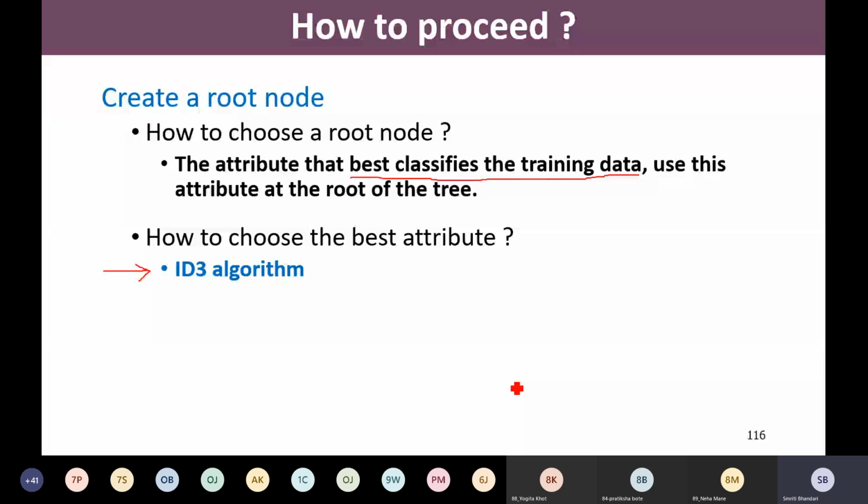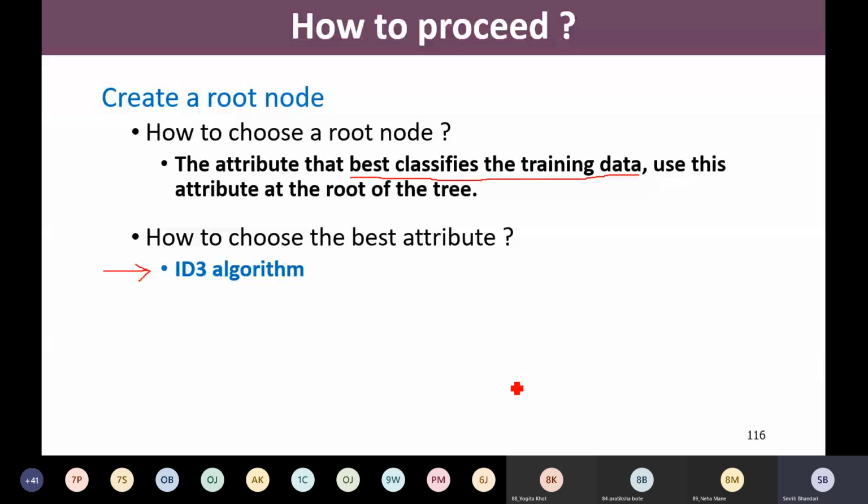Okay, so I would suggest all of you to please note down the steps in the algorithm. There is some mathematical computation that we need to perform at every step, and I want you to perform those computations so that you can understand how to solve the problem.